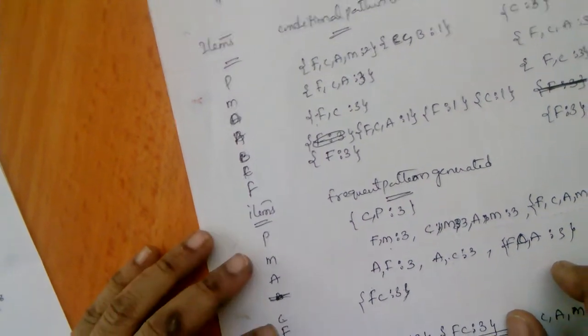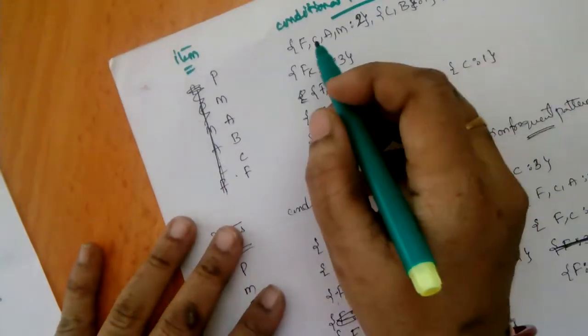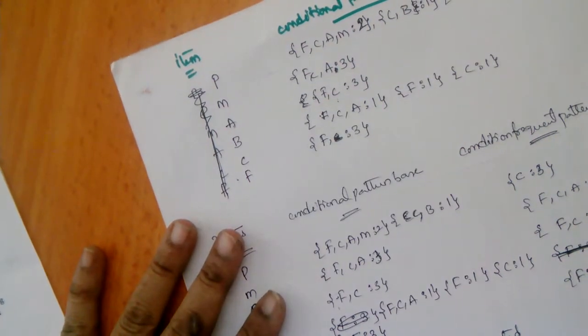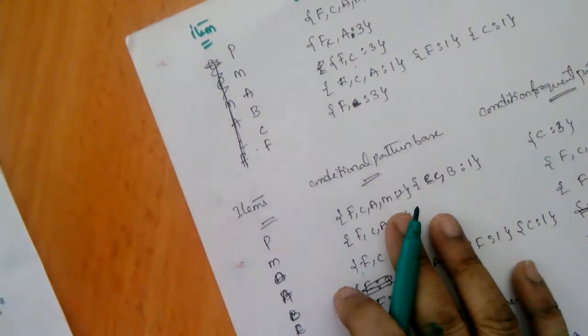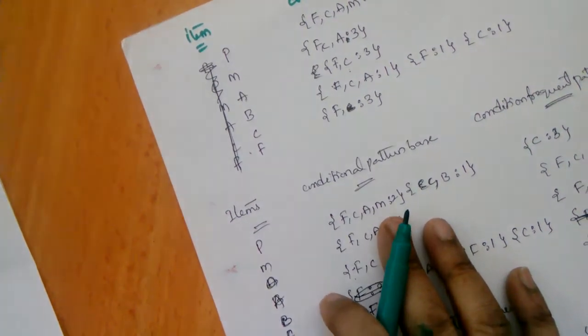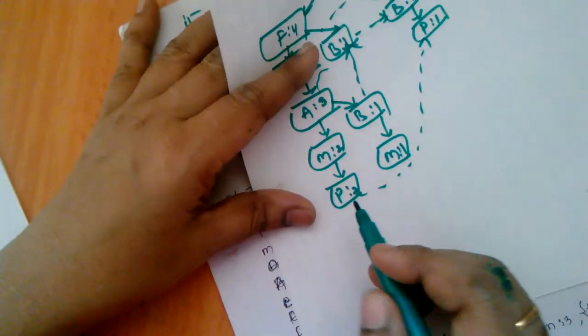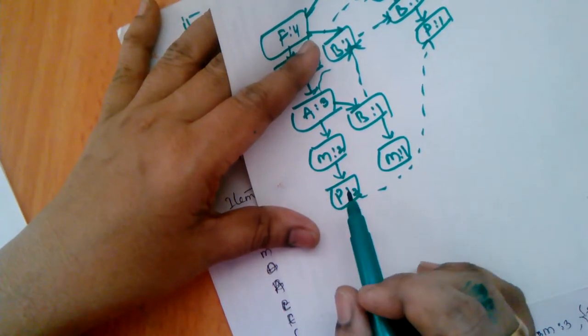Okay, now how will we arrange them? Based on their ascending order. Okay, now what do you have? Last constructed, we constructed like this. How will the ascending order be?